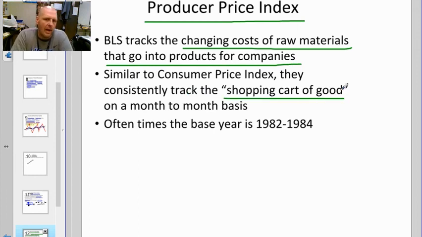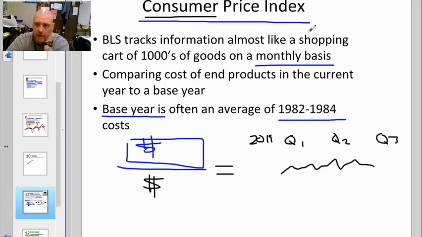Maybe they're buying 10,000 items, but their items are cotton and grain and lumber and 2x4s and petroleum and all of the services, the cost of a tax return, cost of a haircut, whatever it is, right? The raw material stuff. And again, they're comparing it to 82, 84. Consumer price index is like the final actual selling price for these goods that you'd buy in an actual store.